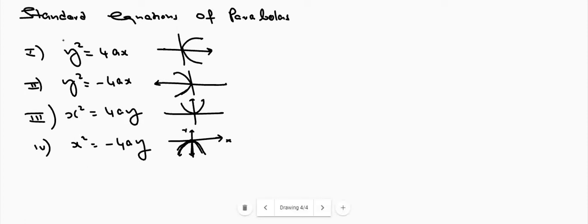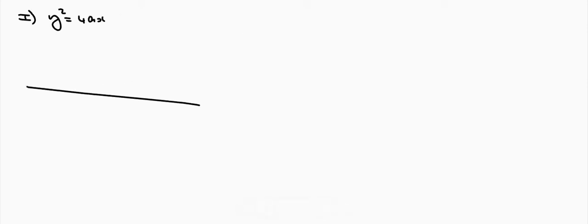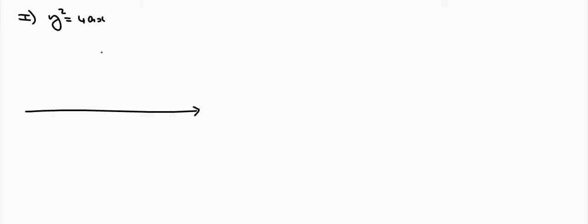Let us discuss the first type, y square equals 4ax. Its graph will be like this. Its axis, and a line perpendicular to the axis, is the y axis.